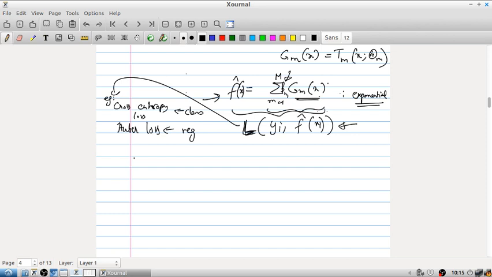So we have to define another algorithm that creates this thing, which is the sum of the b_m G_m of x. We need to have another algorithm which creates this, and for that we said let's try to mimic one aspect of AdaBoost, which is that AdaBoost is adding one weak learner at a time.